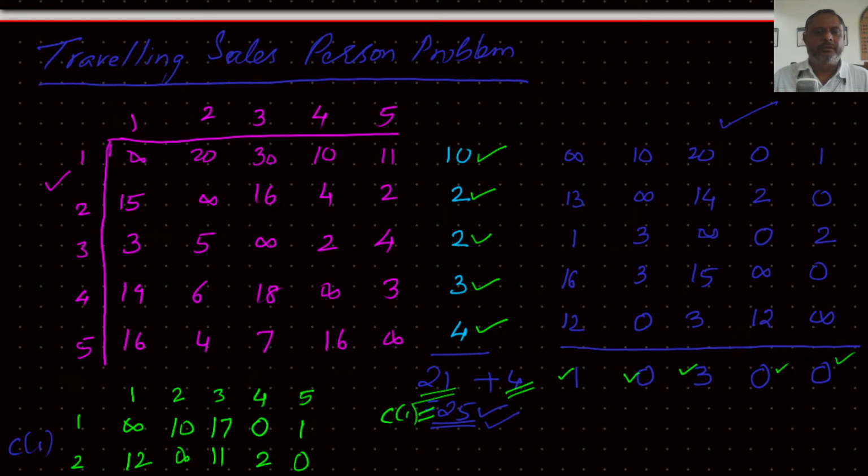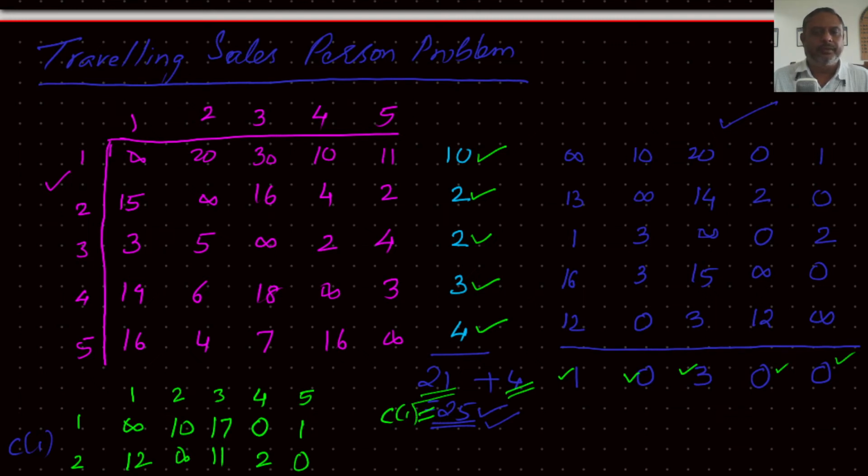Then finally 1 4 5. If you look at 1 4 5, then first row, fourth column, fourth row, fifth column are made infinite, and 5 to 1 is made infinite. So we have 11 minimum in this row, then 0, 0. So 11 should be made 0. So subtracted 11 from this row.